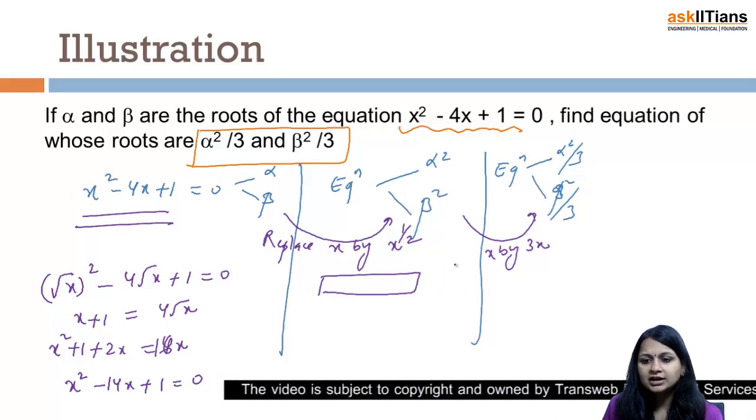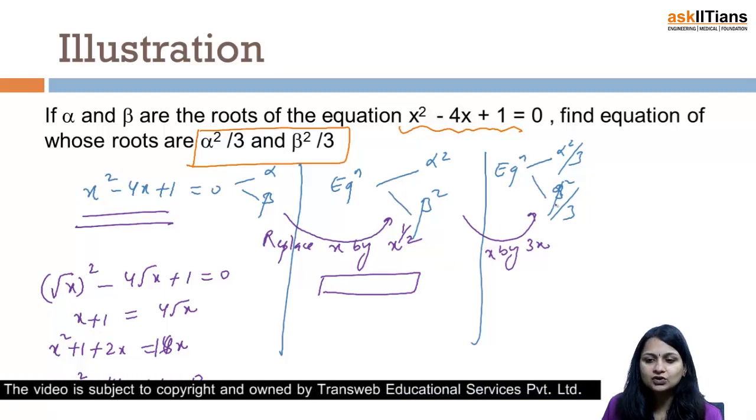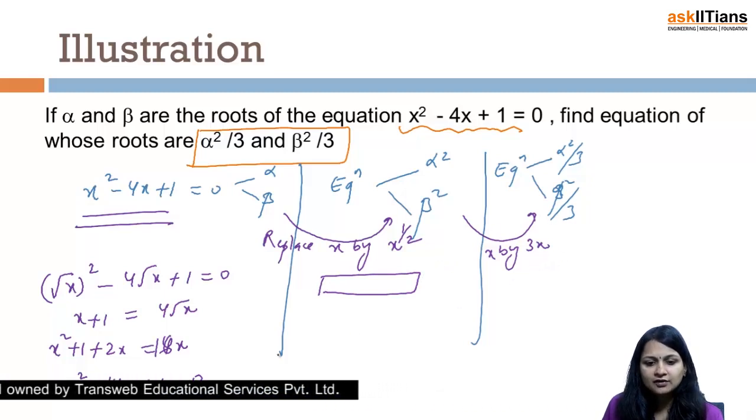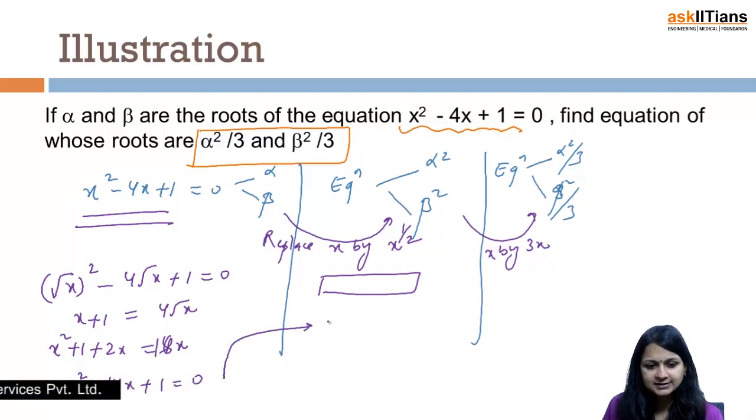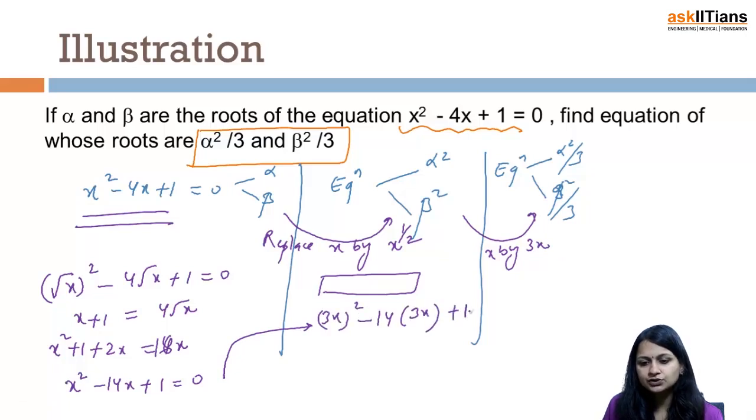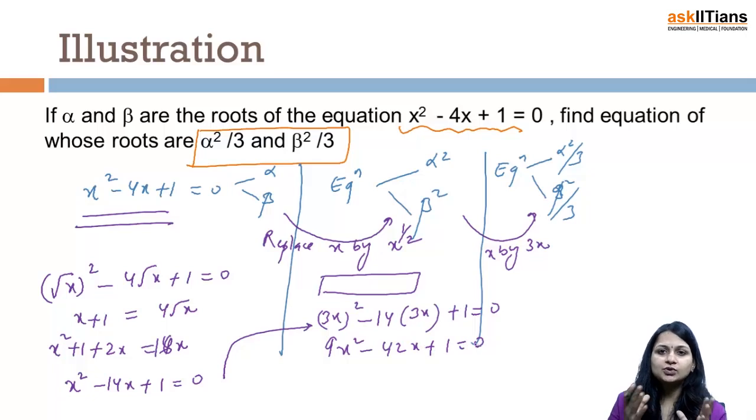Now I have to get the equation whose roots are alpha square by 3 and beta square by 3. So I will replace x by 3x. So 3x whole square minus 14 into 3x plus 1 equal to 0 will be your final answer. So 9x square minus 42x plus 1 equal to 0. Very simple, but yes, you can expect questions in JEE Main from this. So you have to be very careful.